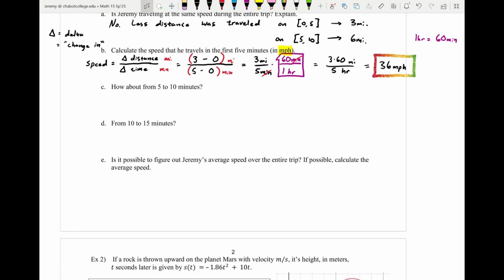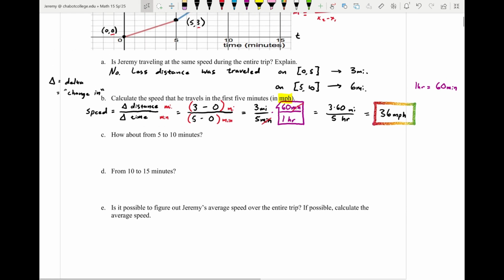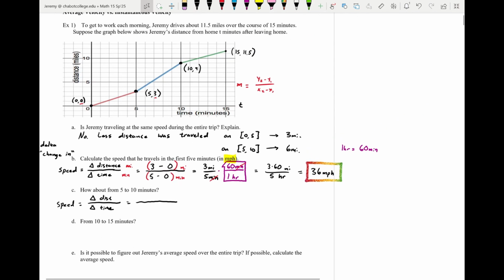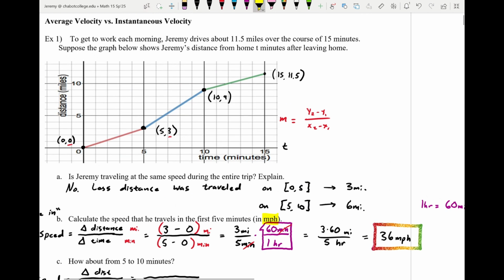Let's look at this second interval now from 5 to 10 minutes. So we can go through this more quickly. It's going to be the same process that we just went through. So the speed over the second interval, again, it's going to be the change in distance over the change in time. To calculate this, since we're looking at the second interval now, we can use these two ordered pairs.